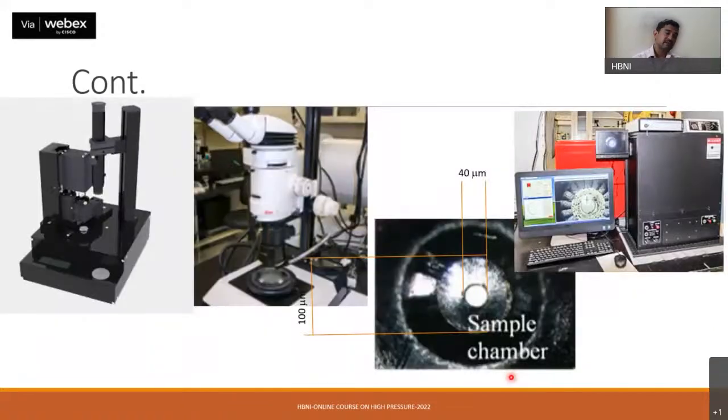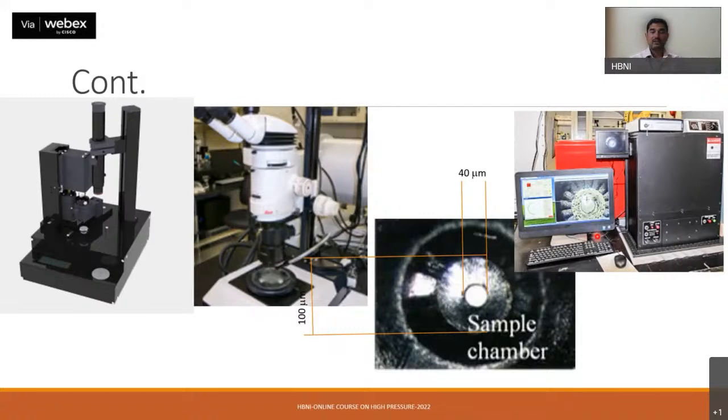Once you make the gasket, once you indent your gasket, you necessarily use electrode discharge machines to drill the metallic gasket, and these are the typical optical high zoom stereo microscopes which we use for this kind of work.